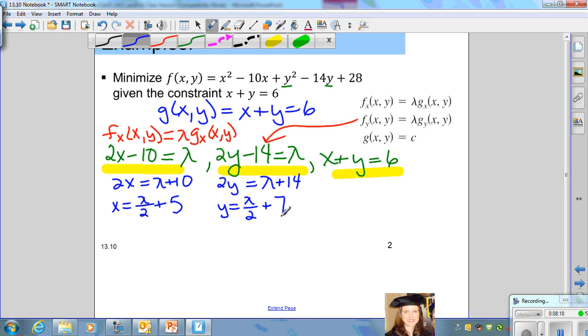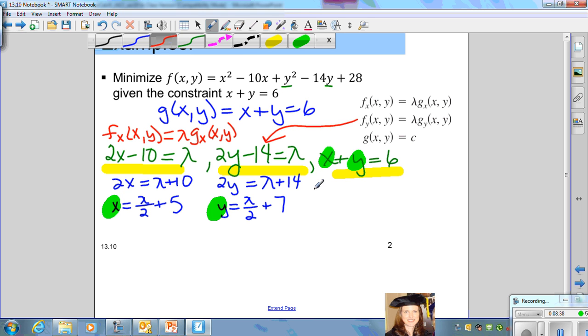which is 7. Now what we're going to do is take this x and y and substitute it into the x and y in that third equation so that we end up with an equation that has just the lambda. And we're going to solve for lambda.